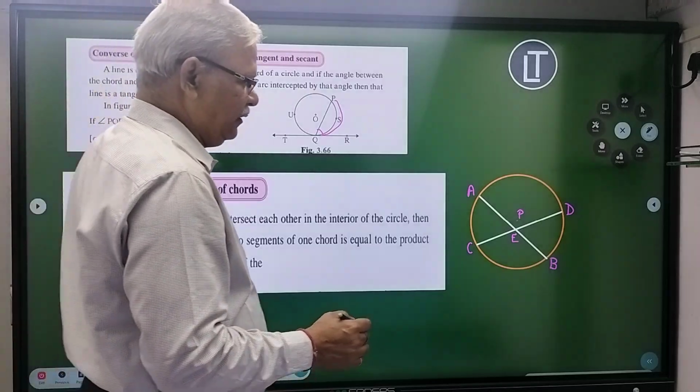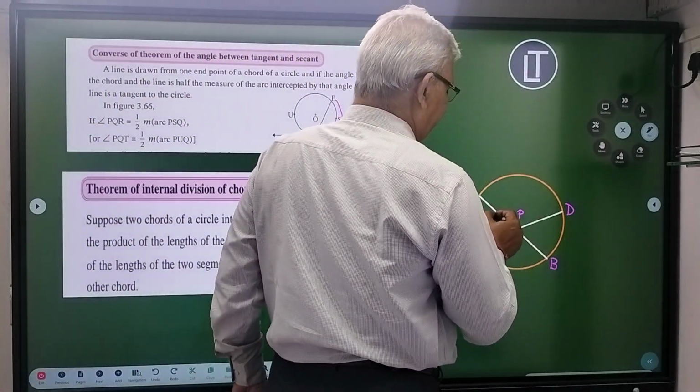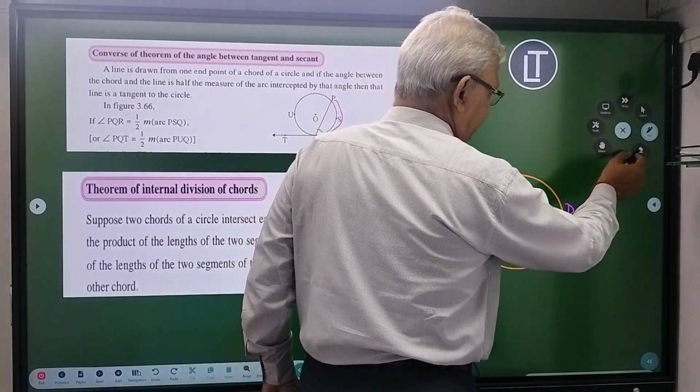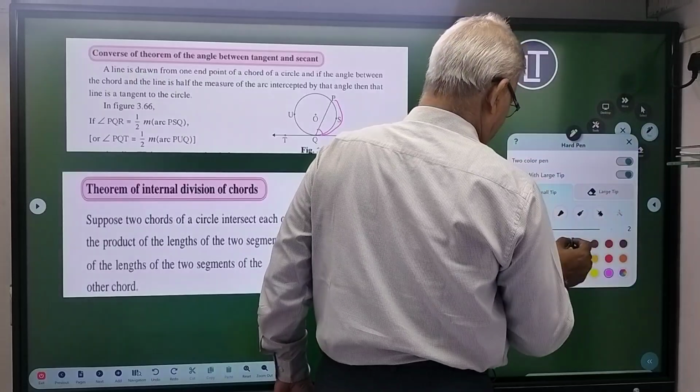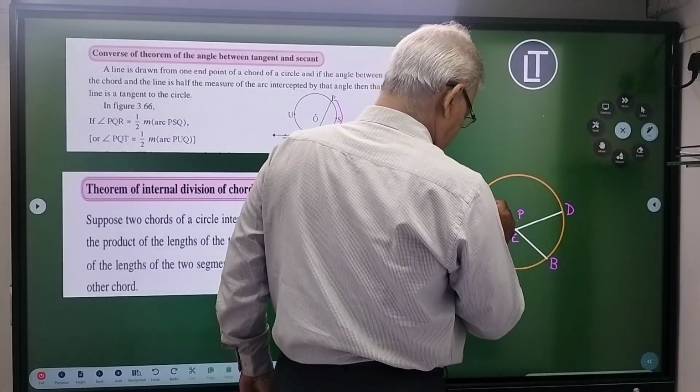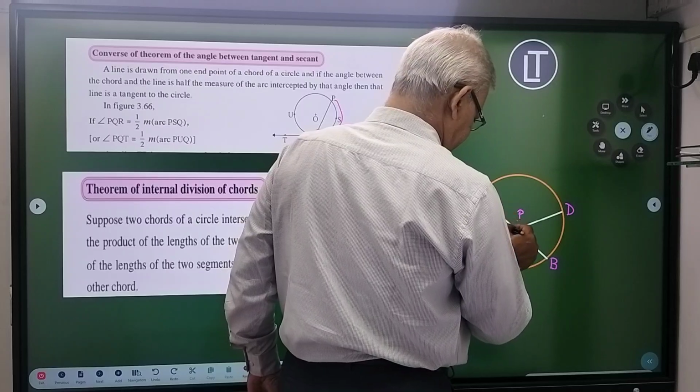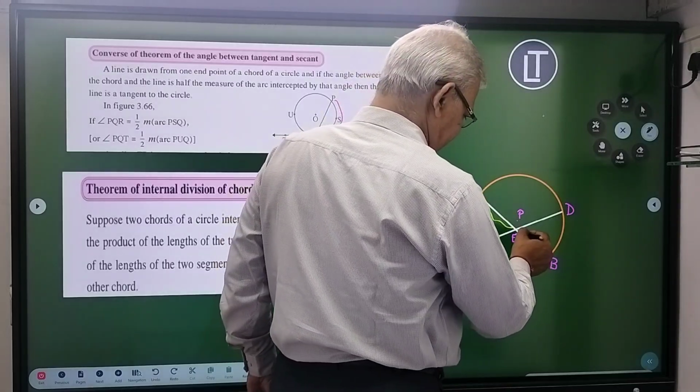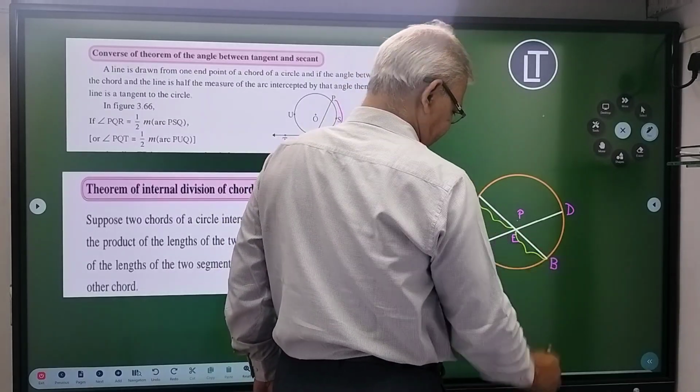Now see here, what are those two segments? One segment, I am going to take, is this, and the second segment is this one.